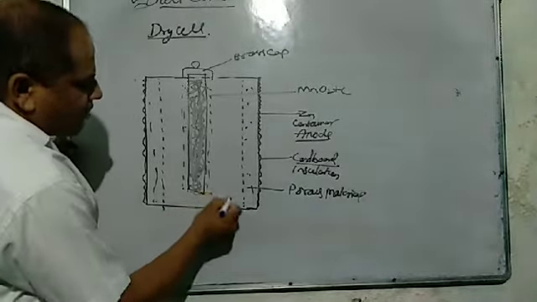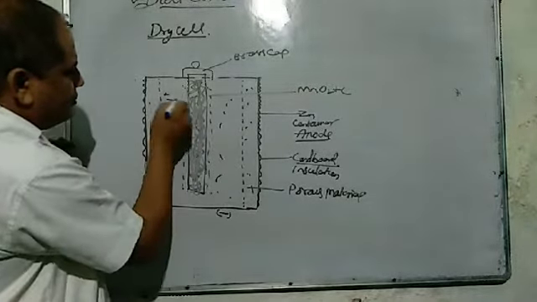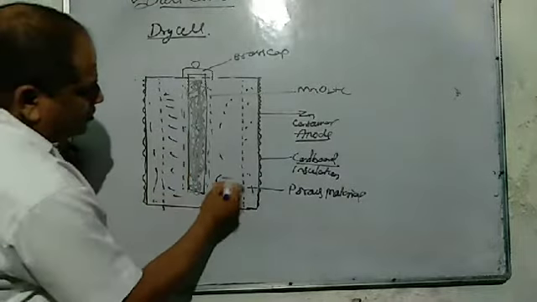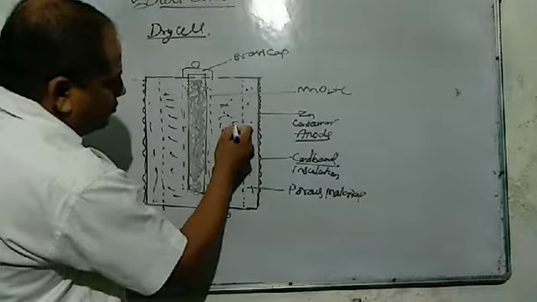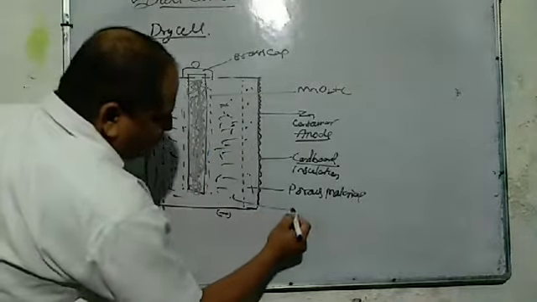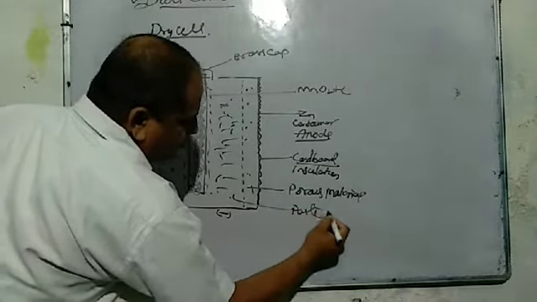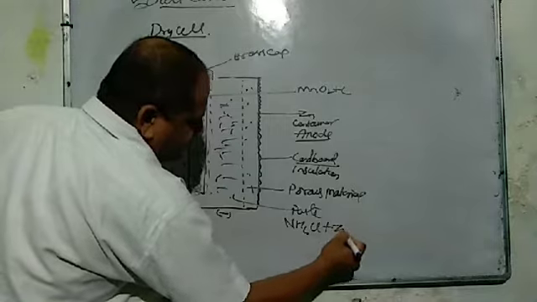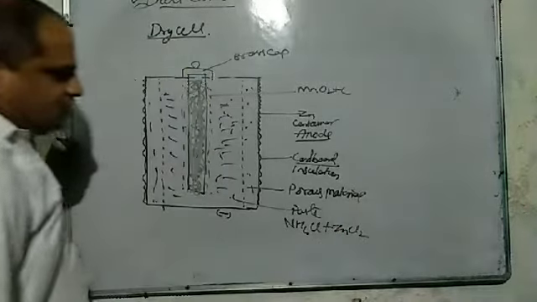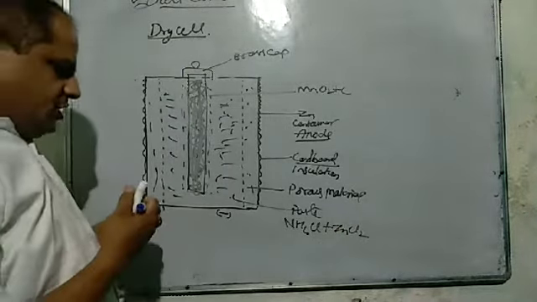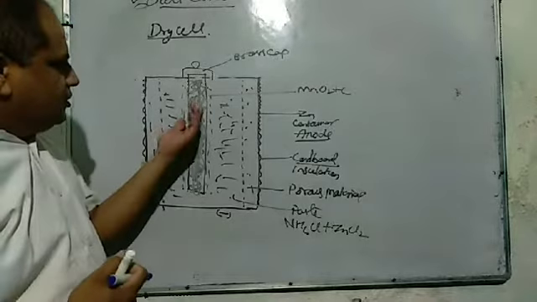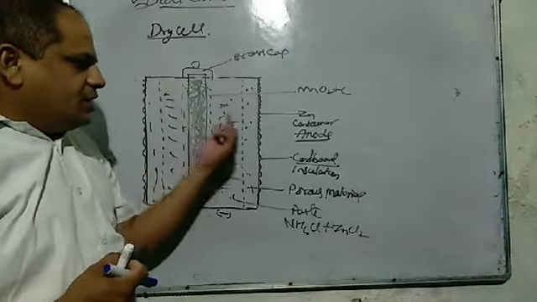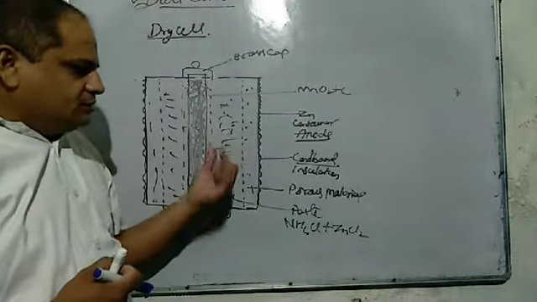A paste of NH4Cl and ZnCl2 is filled in the space between the graphite rod and zinc container.